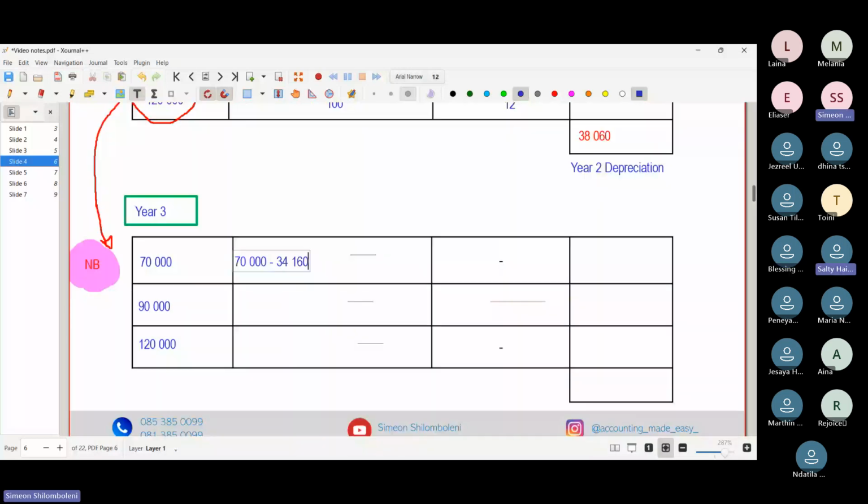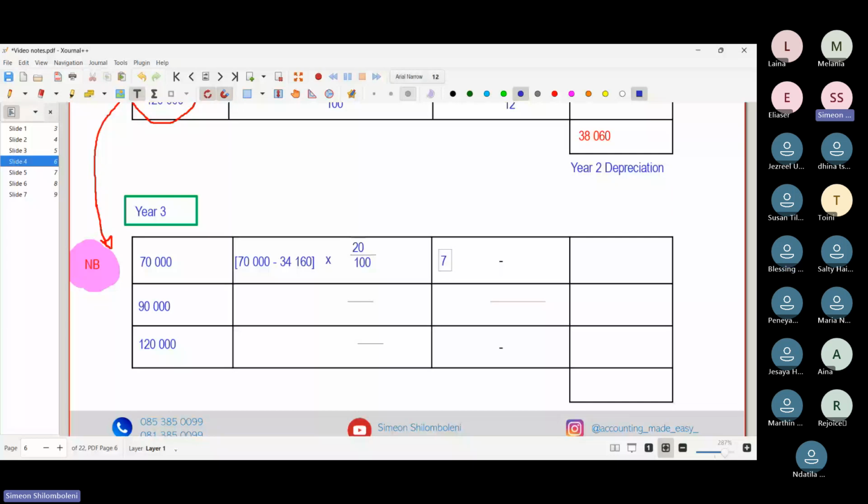Once you make cost price minus provision, you multiply with 20 over 100. How much do we get here? 7,168.